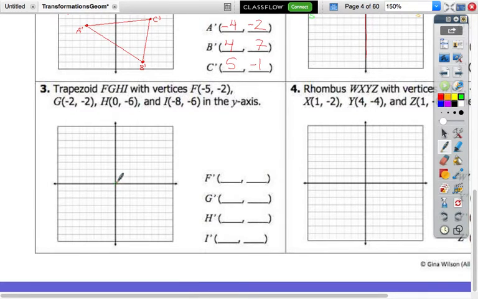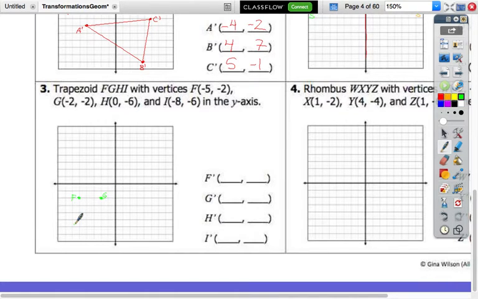So I'm going to start at the middle. -5, is that left or right? Left. 1, 2, 3, 4, 5. And then am I going to go up 2 or down 2? Down 2 because it's negative 2. This is F. Then I'm going to do G, which is negative 2, negative 2. So 2 to the left, down 2. There's G.